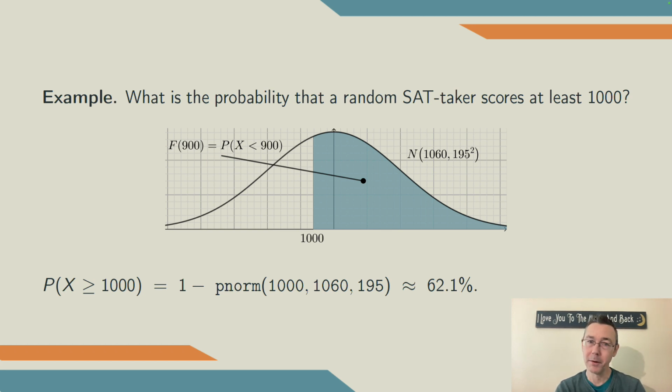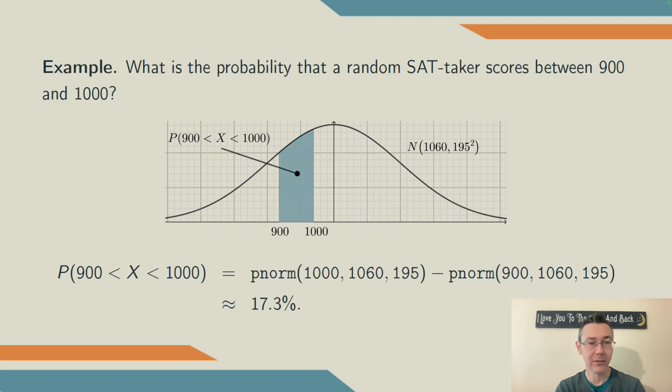Basically, in a random experiment, something happens with probability 100%. So the area to the left, the probability to the left, is pnorm of 1,000, 1060, 195. I subtract that from 1 to get the probability of a random result being greater than or equal to 1,000. I get 62.1%.